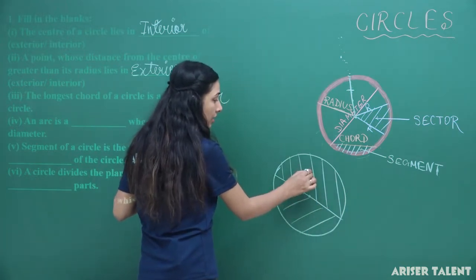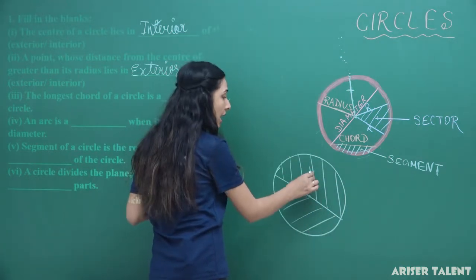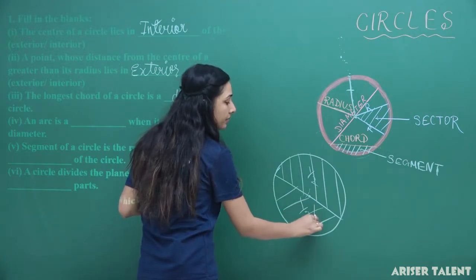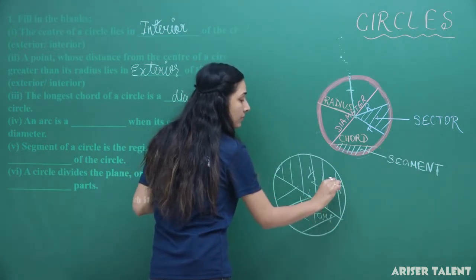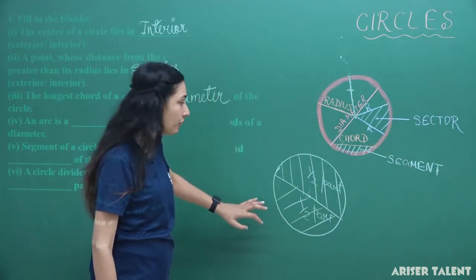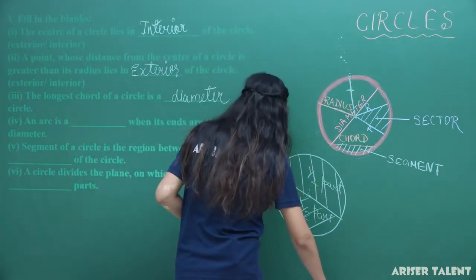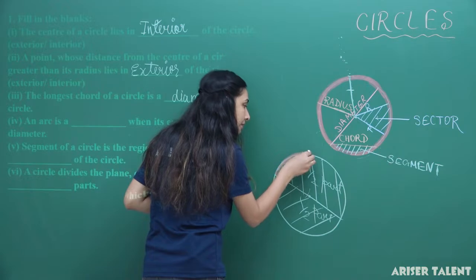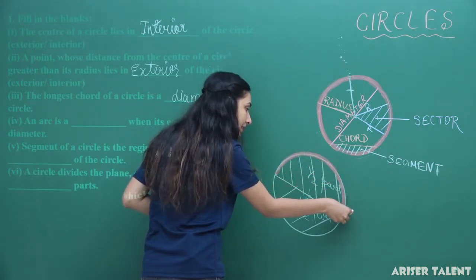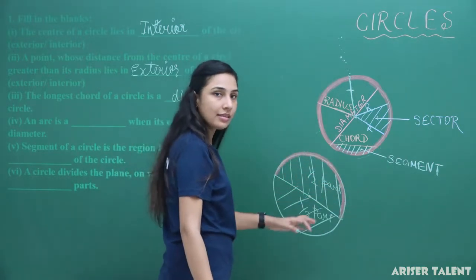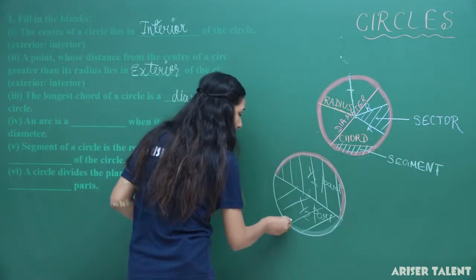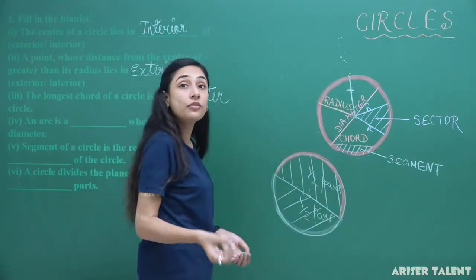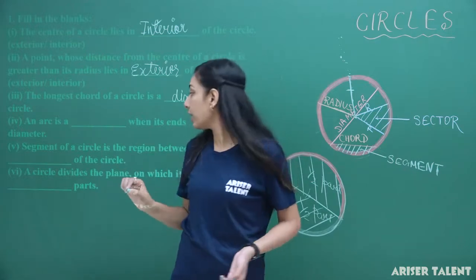If this complete circle is 1, this is half and this is half. That means the area will be half, and these two arcs will be the same.